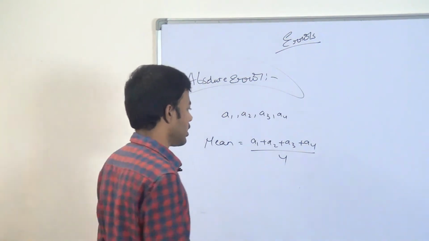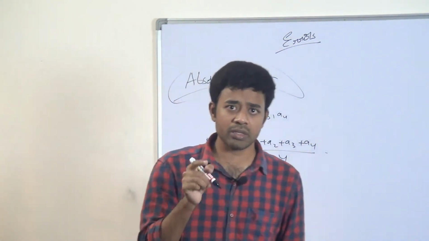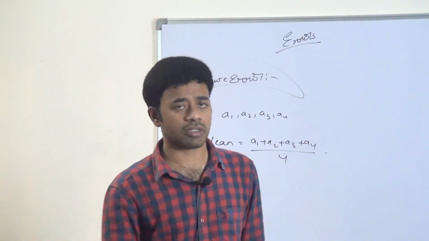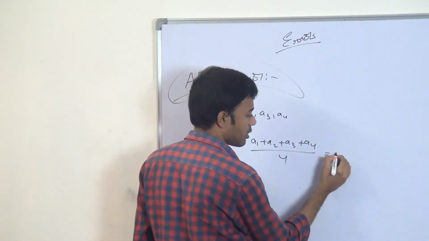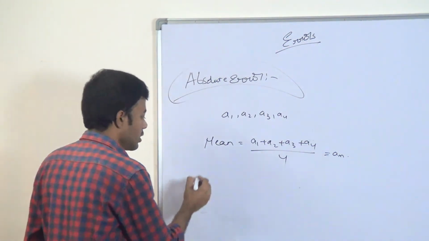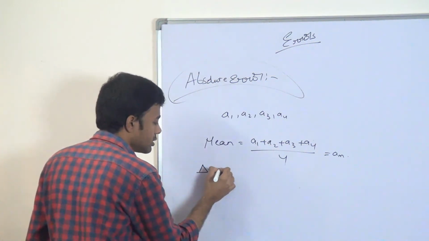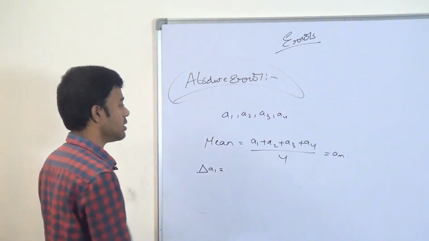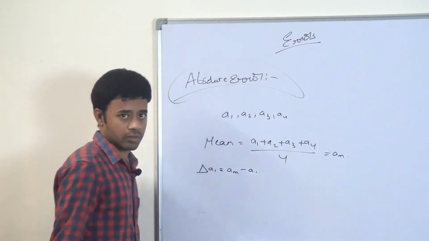Then the difference between the mean value and each value will give us the absolute error. If you want the absolute error for A1, then delta A1 is equal to the difference between the mean value and the actual value.